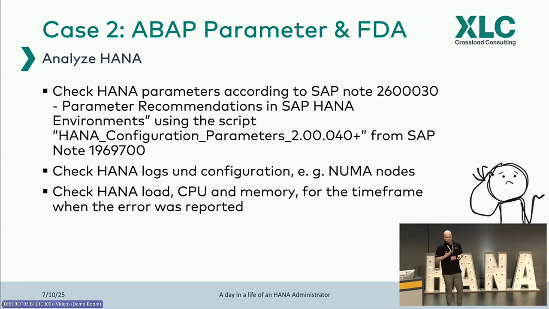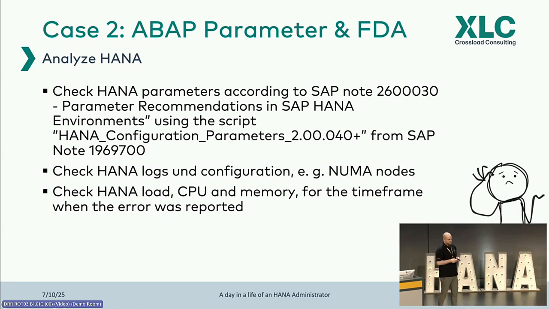During this time, we checked the HANA load, the CPU, and the memory. If you have a pure sandbox system where maybe only one user is testing something, you can also use the script current threads and try to refresh it and catch the necessary information. But on this system, there were so many testers and so much load that it was not possible to catch just this one execution.